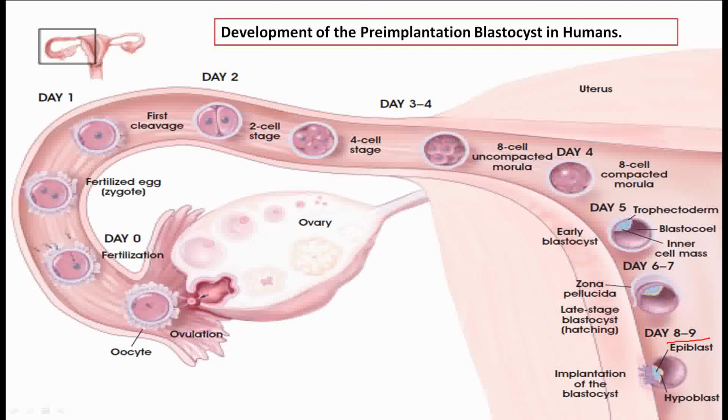This upper portion is known as the epiblast and the lower portion is known as the hypoblast, and our blastocyst is now attached with the uterine wall, and this is known as implantation. Remember, we have seen all these processes happening in humans, how fertilization and the development up to implantation occurs in humans. We will also see this process in mice.